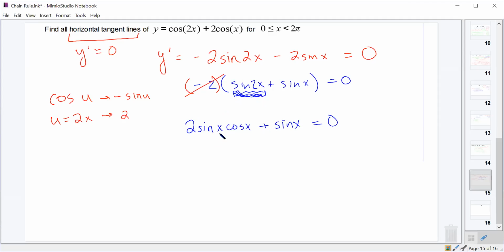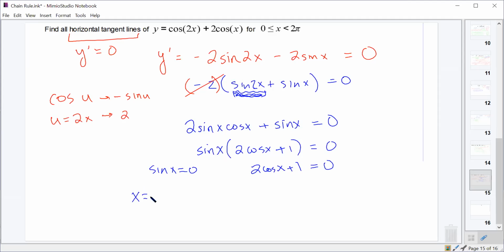Divide by sine x. We can't divide by the sine x because that eliminates some of the possible answer choices, but we can factor out the sine x, which is exactly what we want to do. And now, if sine x was equal to 0, that would give us some solutions. And if 2 cosine x plus 1 was equal to 0, that would give us some other solutions. So when does sine equal 0?